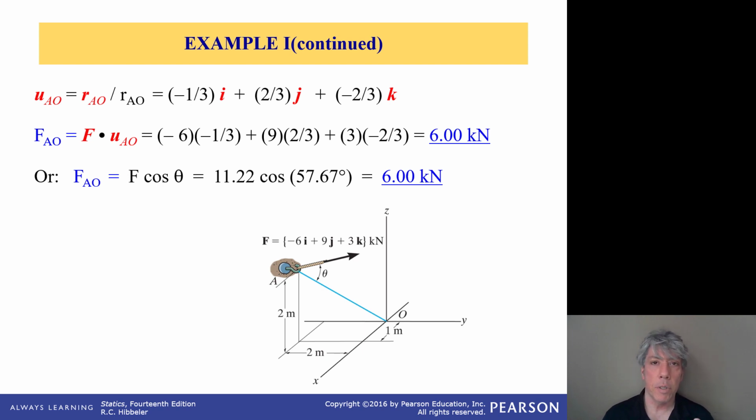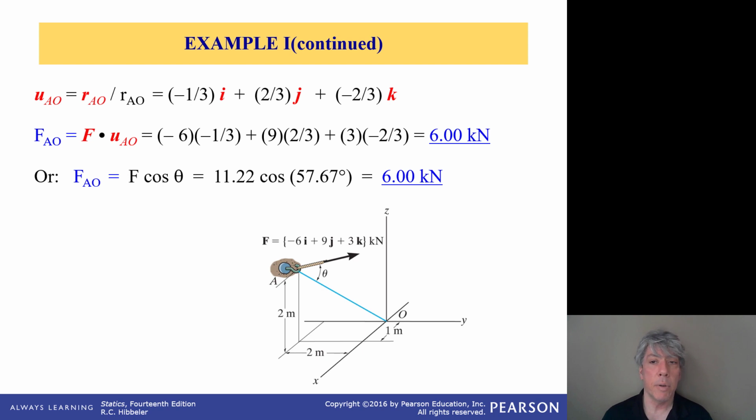Remember that force F has components -6 i, that gets multiplied by the -1/3 in the i direction for the unit vector, then plus 9 kilonewtons in the j direction times 2/3. Well, it's not meters anymore, right? We've normalized it, so it's 2/3 non-dimensional. And then plus 3 in the k direction times -2/3 from the unit vector UAO.